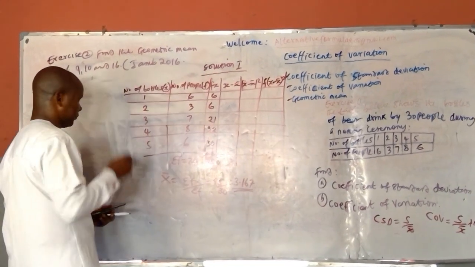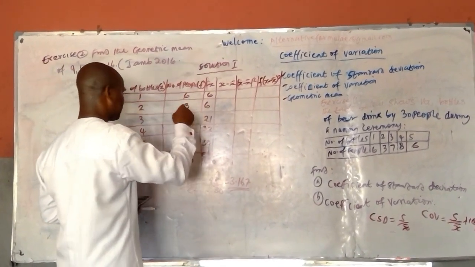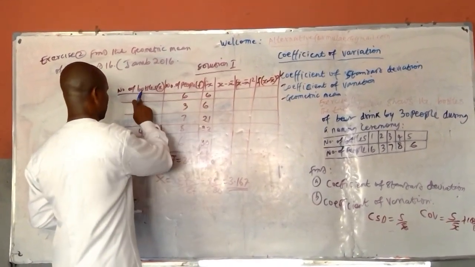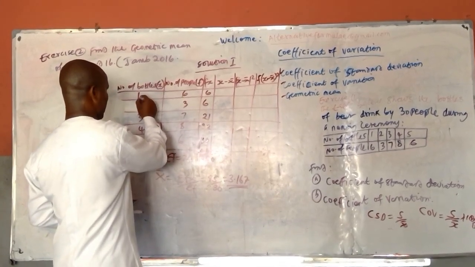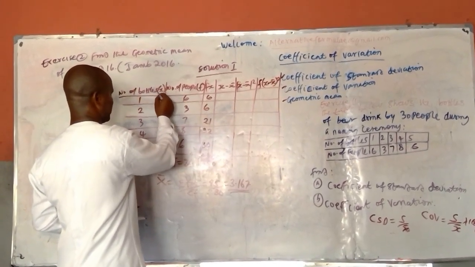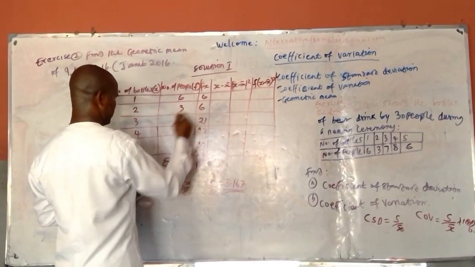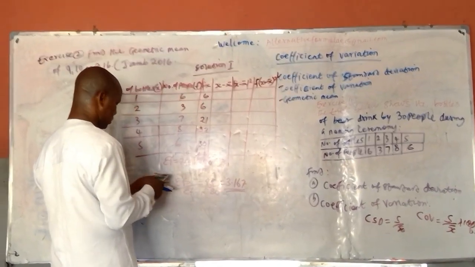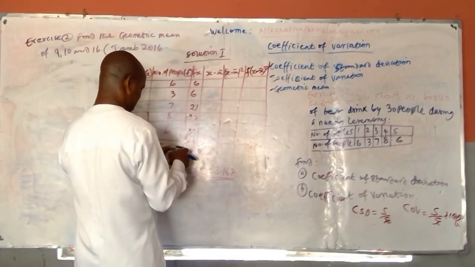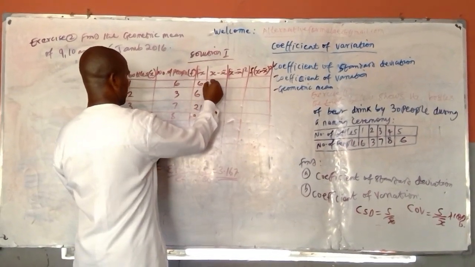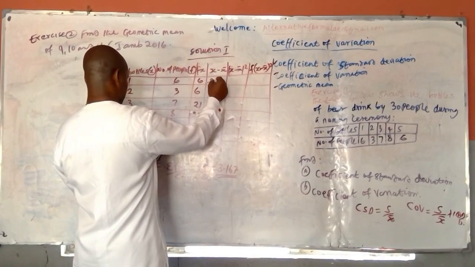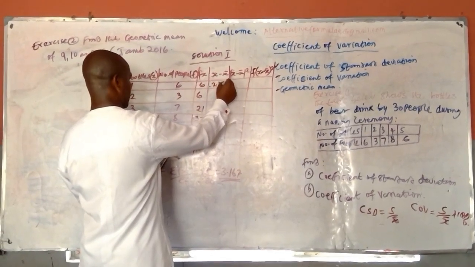So now, this column: the x here is the observed value. If you say this one minus the mean, 1 minus 3.167, your answer will be minus 2.167.